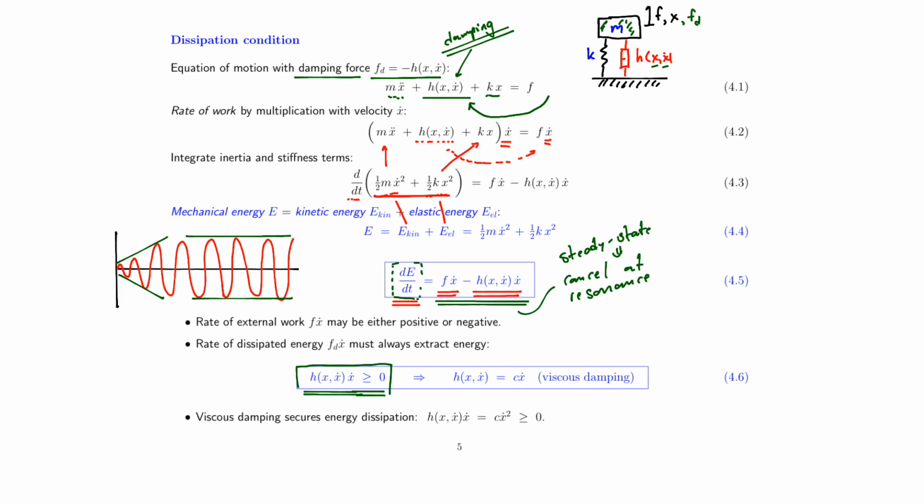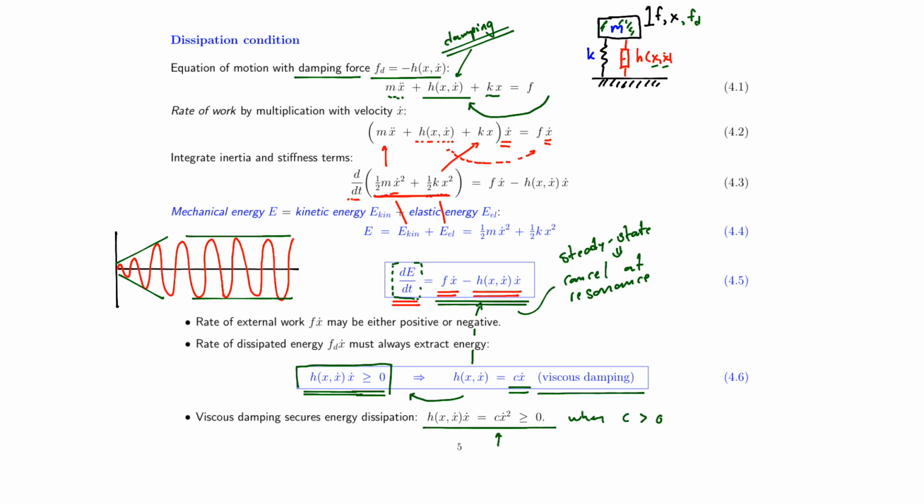Our premium damping model is, of course, the viscous damping model. The viscous damping model is obtained by H being equal to C times velocity. And if we take this H value for the viscous damper and stick it back into our condition, then we see that the dissipation condition H times X dot gives us C times X dot squared, and this is larger than or equal to 0 when, of course, C is positive, or at least non-negative.